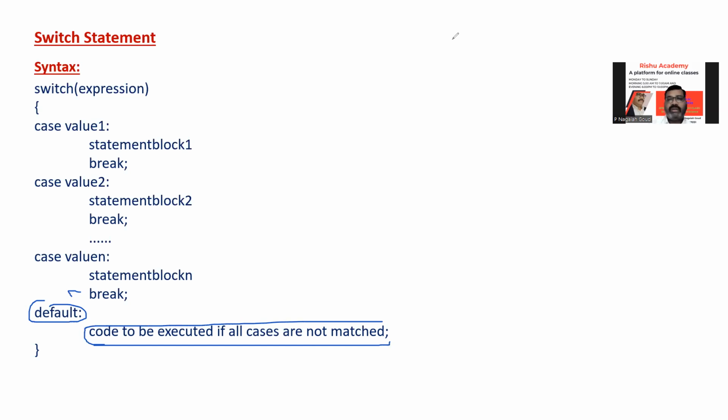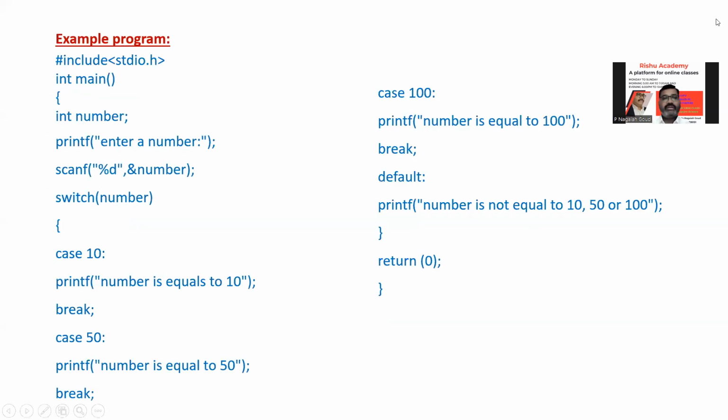Yes, look at the example here. I want to read a number from the keyboard. I want to ask the user to enter a number. Whatever number is entered by the user, here I gave the first case value as 10, second case value as 50, third case value as 100.